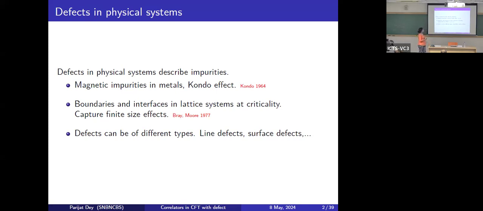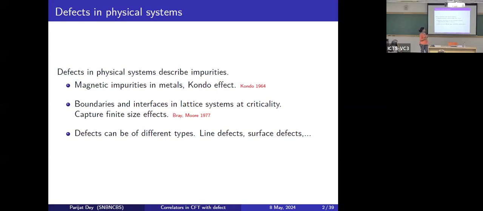For example, the Kondo effect that was studied by Kondo in 1964. This is due to the presence of magnetic impurities in metals. If we have a metal and we put some magnetic impurities, then the whole thing behaves differently. It affects the properties of the system, and that was studied by Kondo.